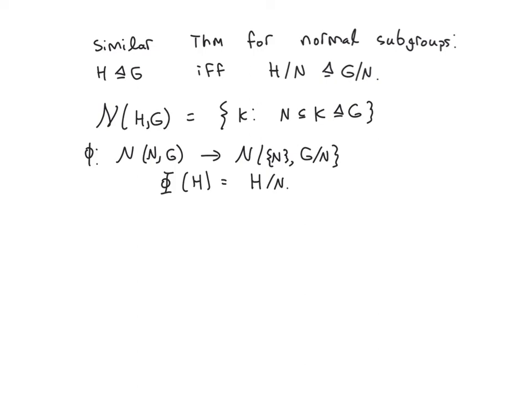Because then that tells you that if you restrict our function from the collection of subgroups to the normal ones, if we restrict the domain to only normal subgroups, well, then we see that the codomain becomes the normal subgroups as well, because H being normal in G implies the quotient is normal.